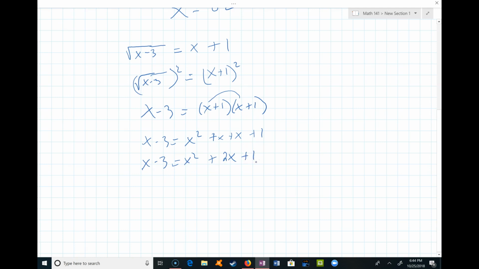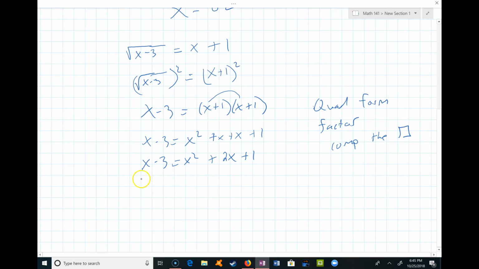And now we notice there's an x squared and an x in here, so that means it's a quadratic equation, and I'm going to have to use one of my techniques. That would either be quadratic formula, factoring, or completing the square. All of those methods require you to get it set equal to 0.